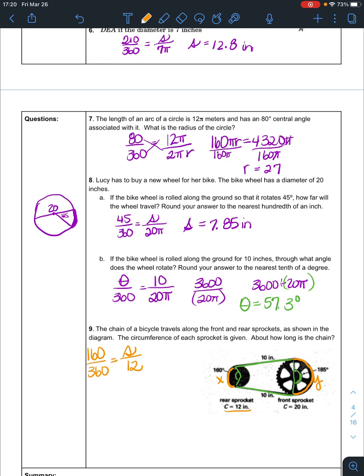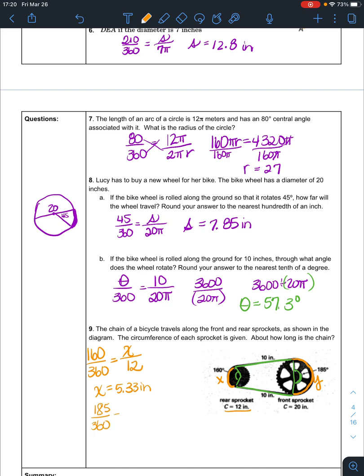Okay, you don't have to do 2 pi r or anything because I already told you what the circumference is. So you do 12 times 160 and divide that by 360, and you get, well, I called it S and I called it X, so I'm using different variables. Let me fix that. So X is 5.3 inches. Okay, then to find y, we do the exact same thing.